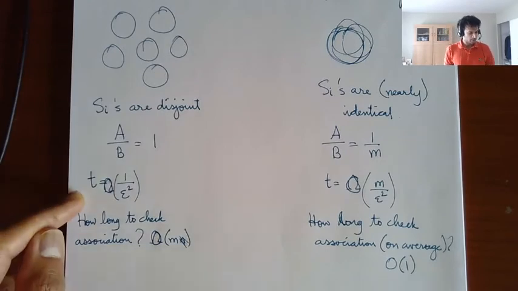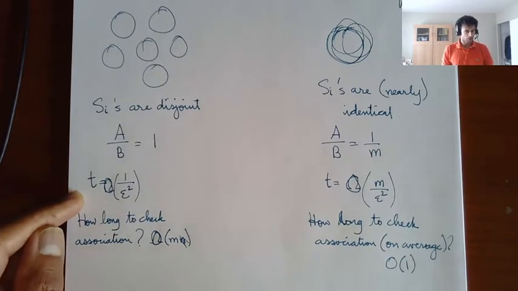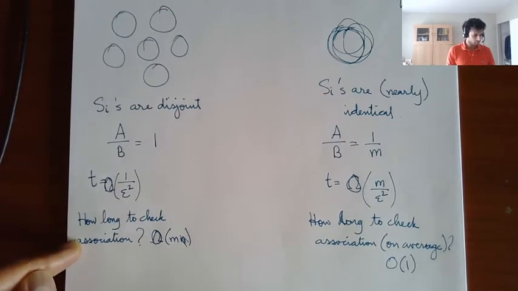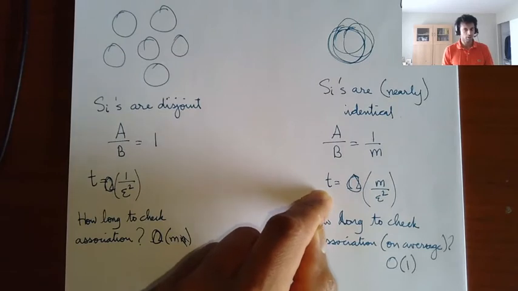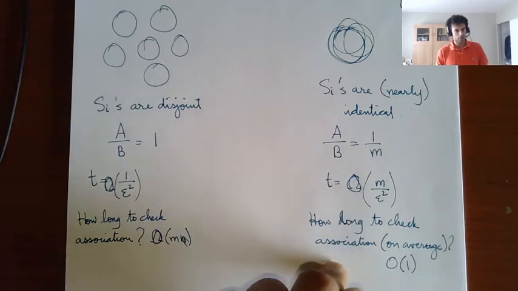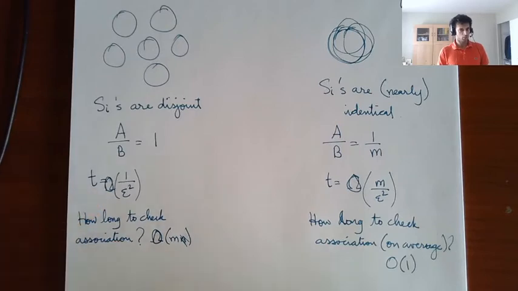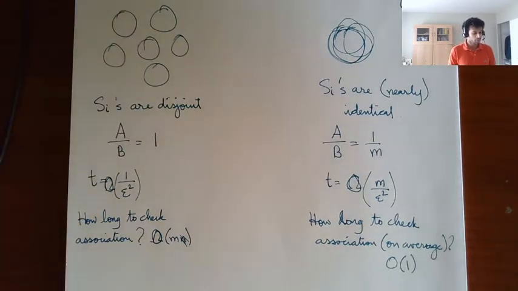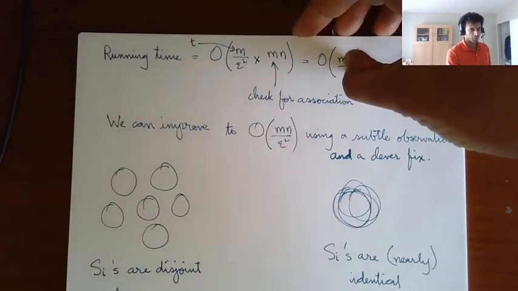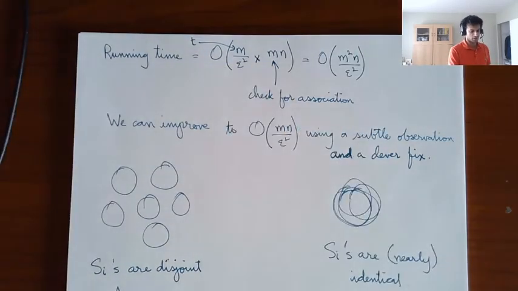In this case, the number of trials you need is small, but each association check is expensive. Here, the number of trials you need is large, but every association check is cheap. The product of these is actually m over epsilon squared in both cases, and it seems the product is the runtime.